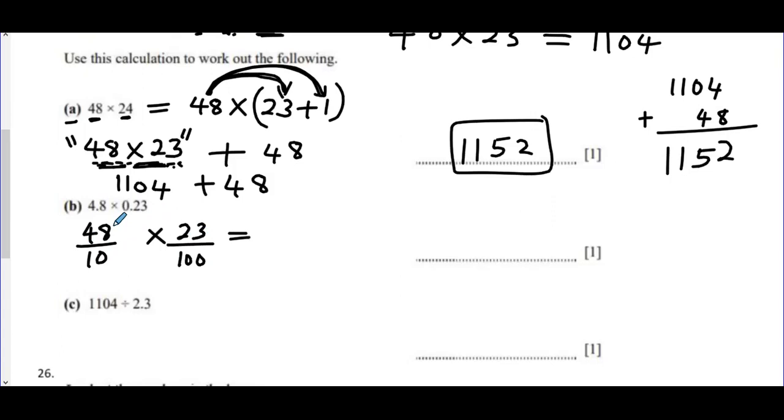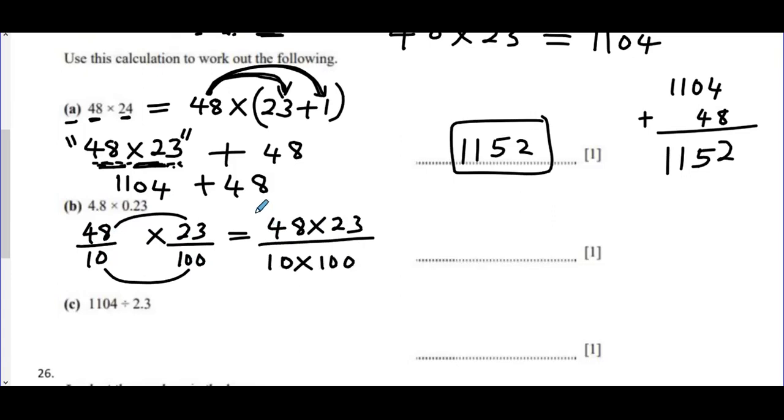Then multiply the tops and multiply the bottoms. So you have 48 times 23 on top, and 10 times 100 down there.